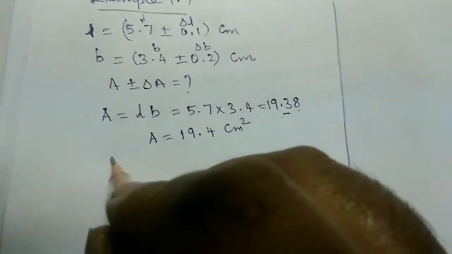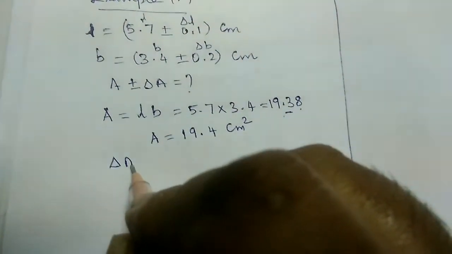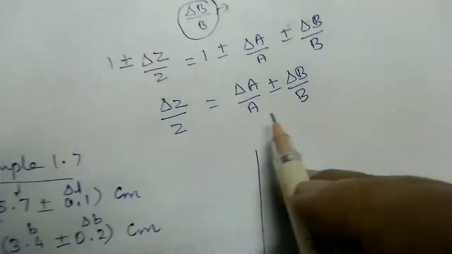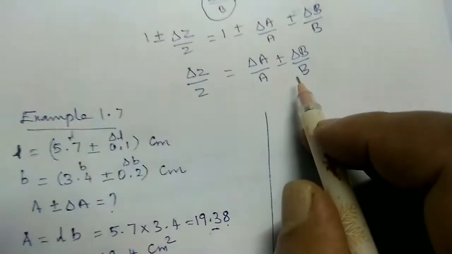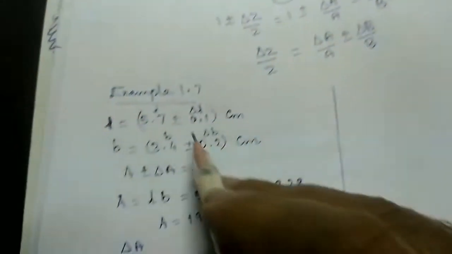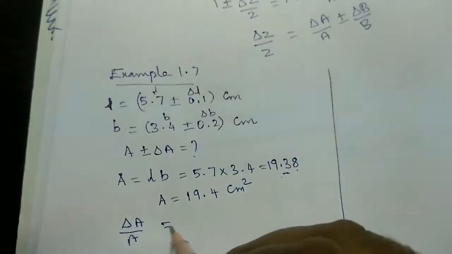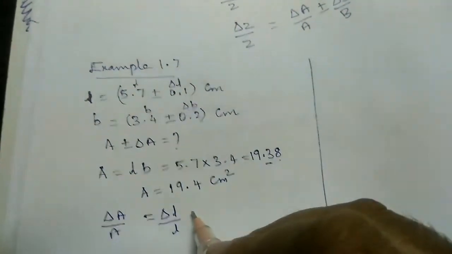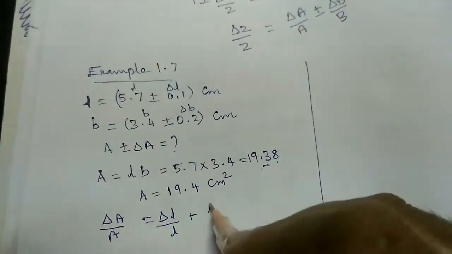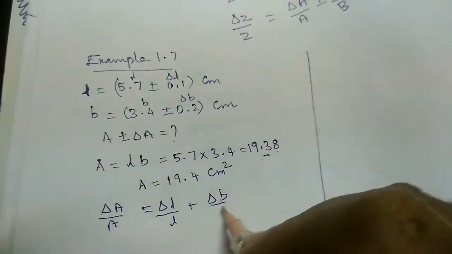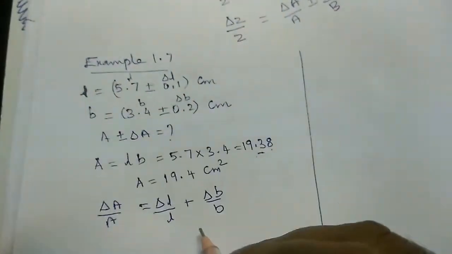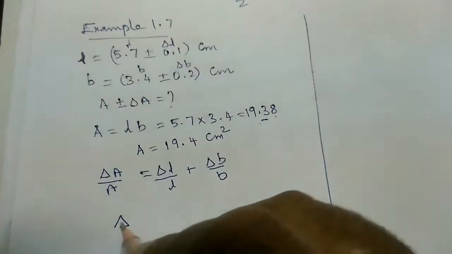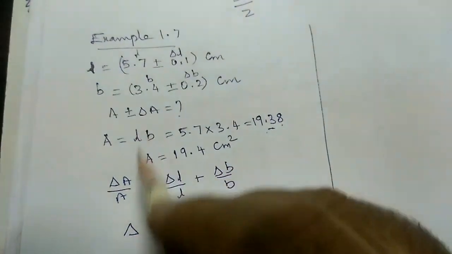Okay. Now we calculate the fractional error. What is told here? The sum of the fractional errors of the individual quantities. Here, fractional error in length plus fractional error in breadth. So we need del A here.